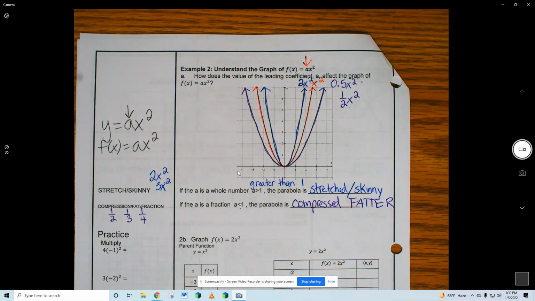So this is going to stay on the board. This 2, 3, and 4, greater than 1, skinnier. Fraction, 1/2, 1/3: a fraction makes the parabola fatter, wider.